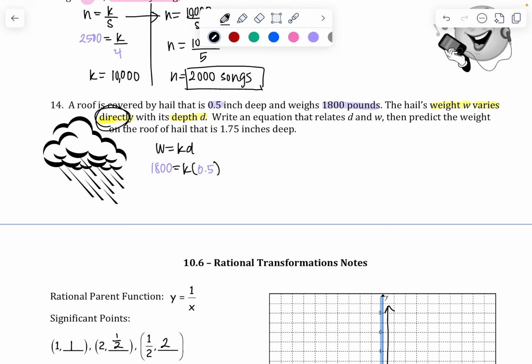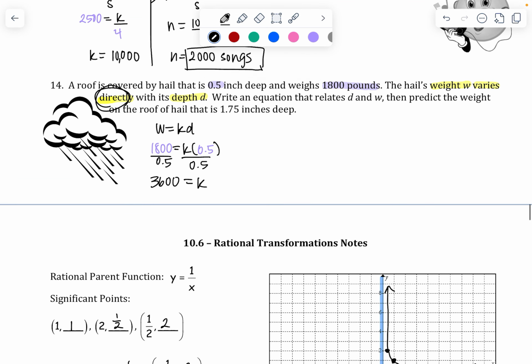Okay, and so we divide both sides by 0.5. Dividing by 0.5 is the same as multiplying by 2. So we get K equals 3,600.